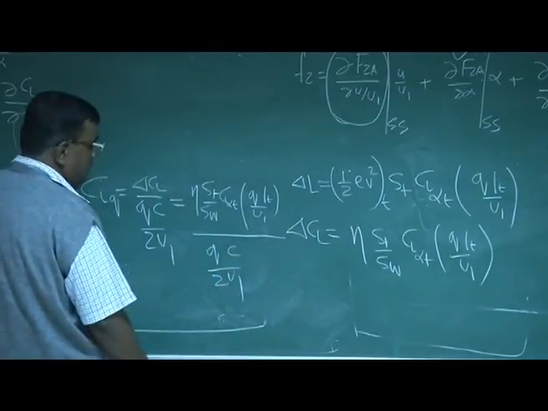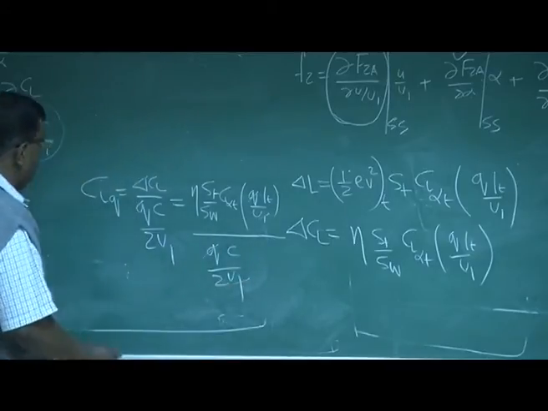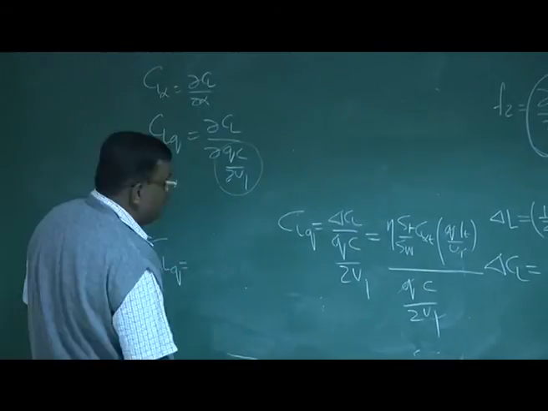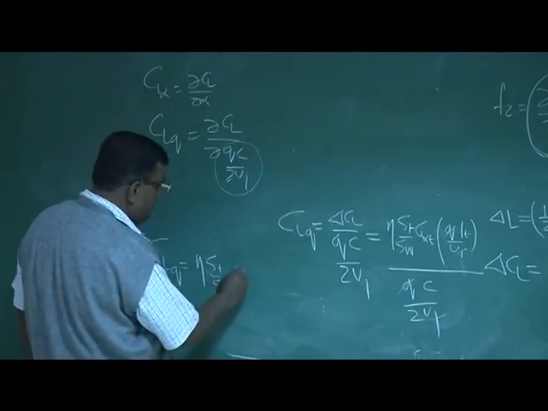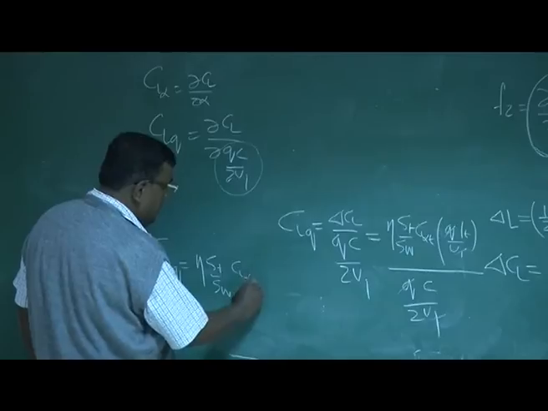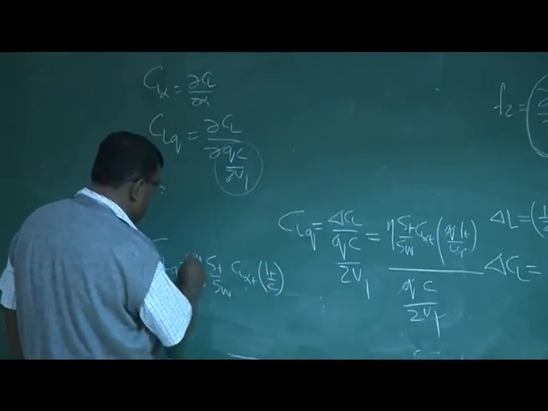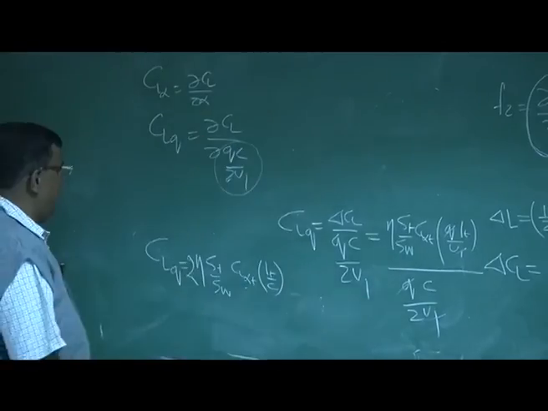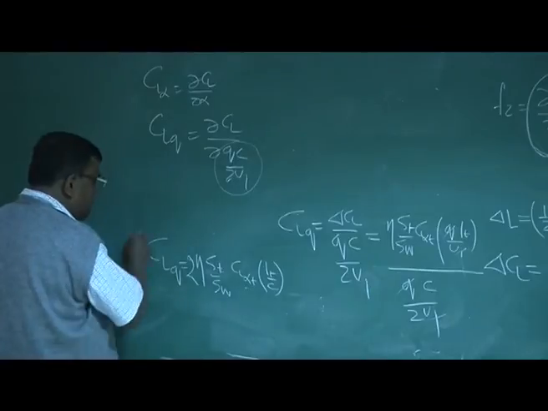So what do you get? Q gets cancelled, U1 will get cancelled. So CLQ is nothing but eta ST by S wing or S reference CL alpha tail LT by C, and some two term will come here because of this two, right? So this is the CLQ.